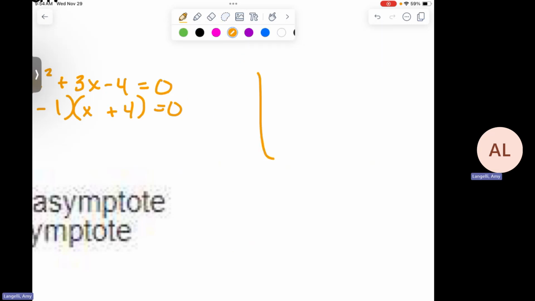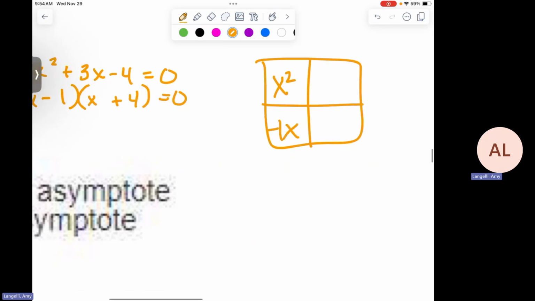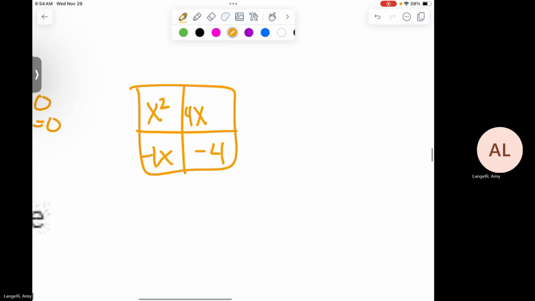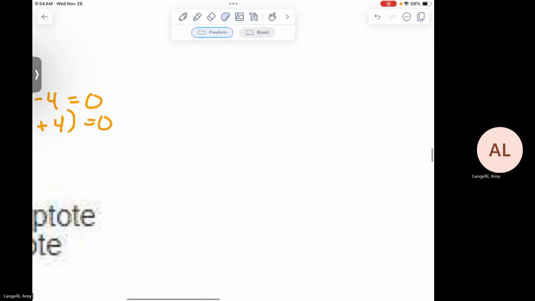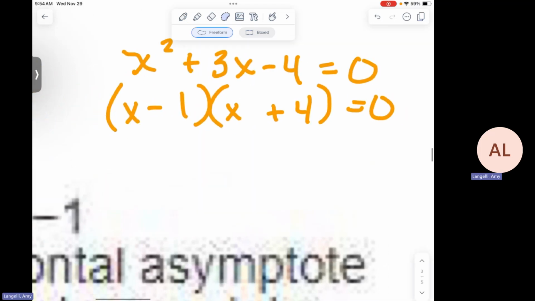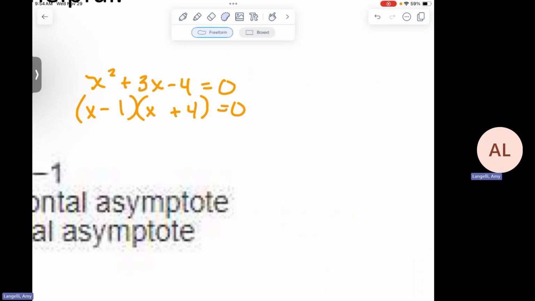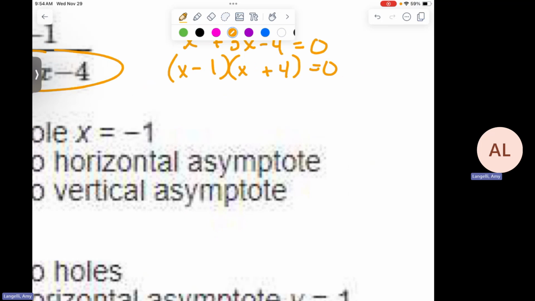We'd do x squared minus 1x, plus 4x and negative 4. You would have to do that whole thing. I'll send you a video if you need one. Just look at chapter 4, section 4 to review that. All right. Now, what in the world does this parenthesis tell us?